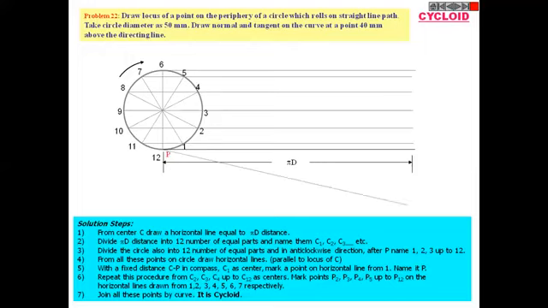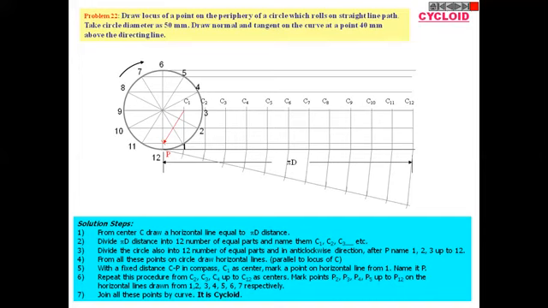Then divide this pi d line into 12 equal parts, and shifting all this on the horizontal centers, we get C1, C2, C3, C4, C5, C6, C7, C8, C9, C10, C11, and C12.